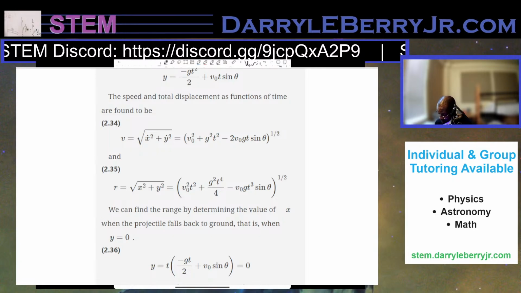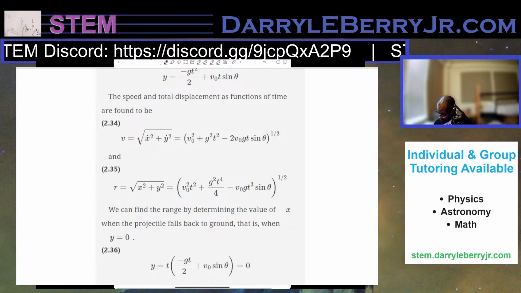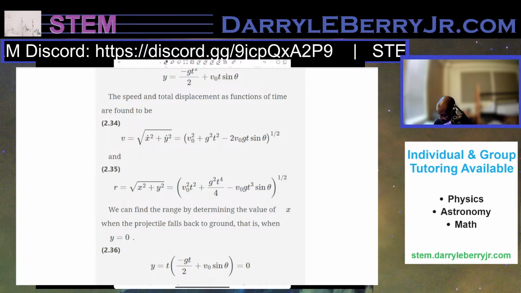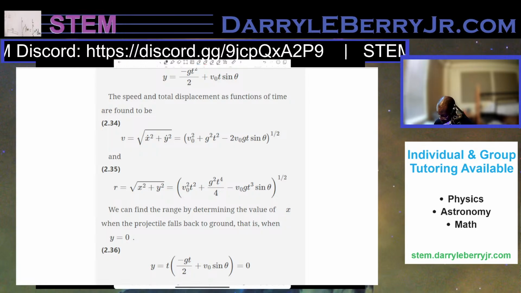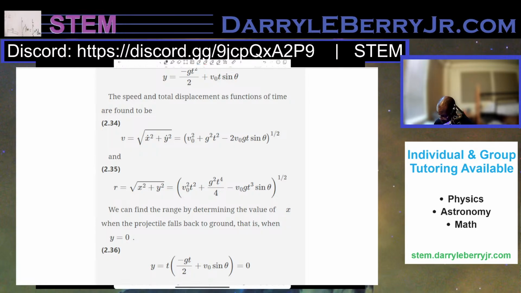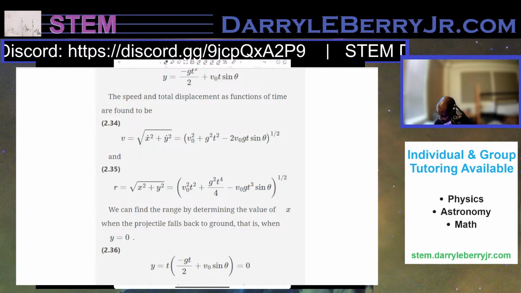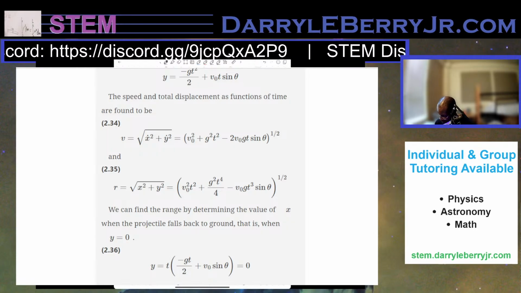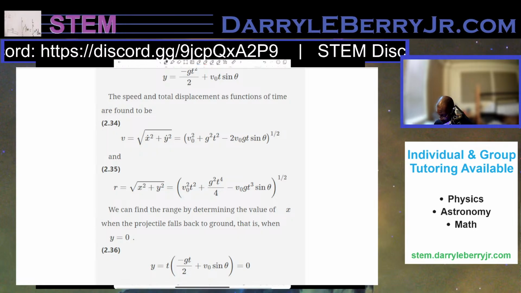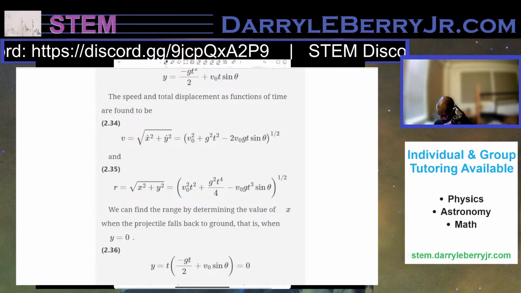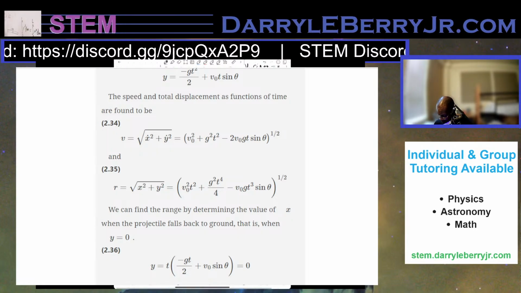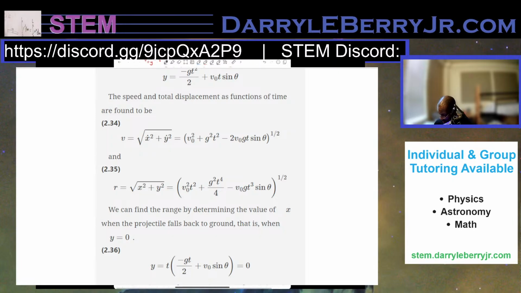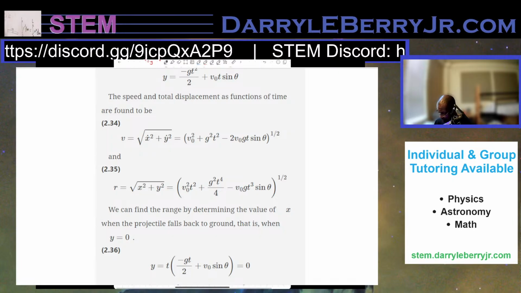Y dot equals gt plus V naught sine theta. It is what I had already, right? Makes sense. This is how I got that, from the integration.